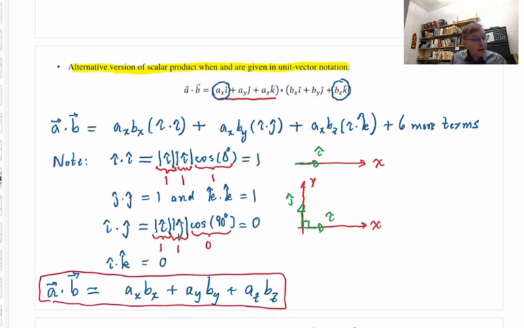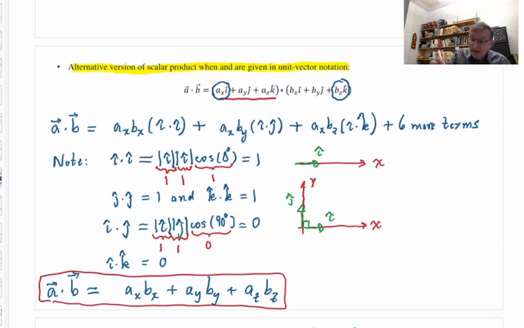Notice no vector symbols on the right side. No arrows of any kind, no hats of any kind. The result is a scalar product. And all you do is take the product of the two x components and add that to the product of the two y components and add that to the product of the two z components. And you will have the scalar product.